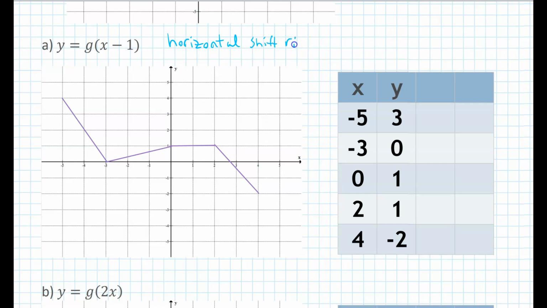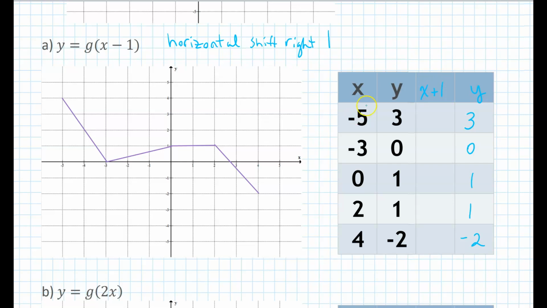I think somebody said it already, right by 1. Do our y values change? No. The y values don't change, so y is going to stay the same. I'm just going to repeat them: 3, 0, 1, 1, negative 2. And to the x values, I'm going to add 1. So this is going to become x plus 1.